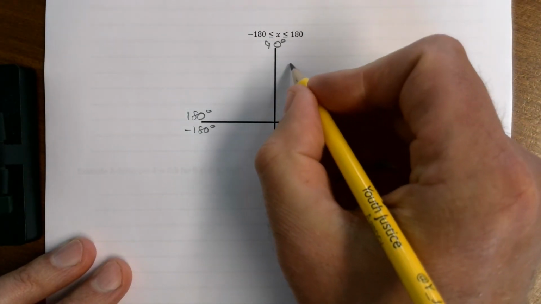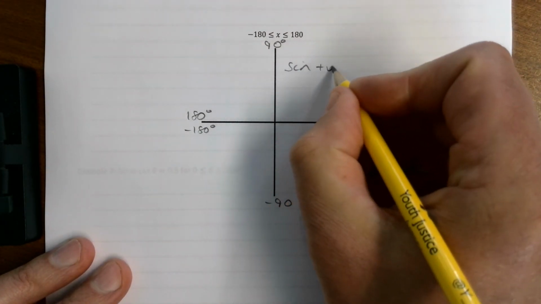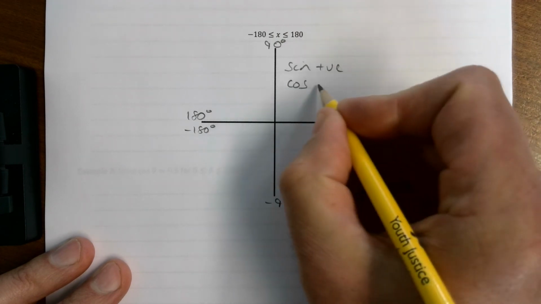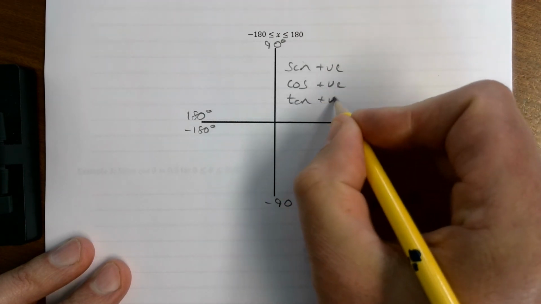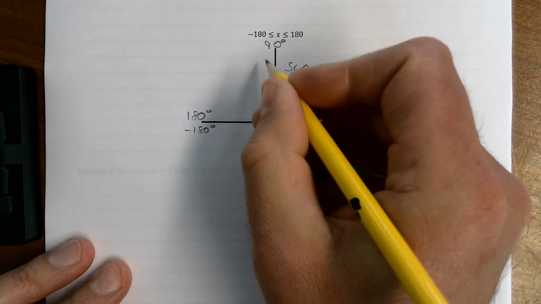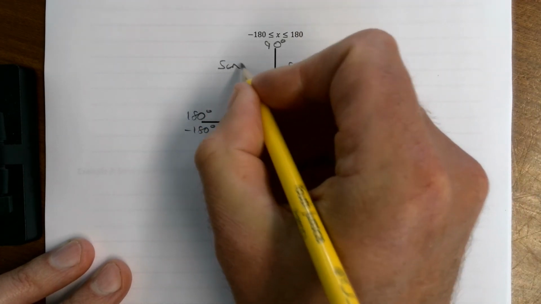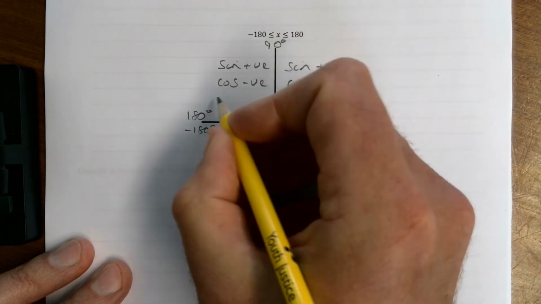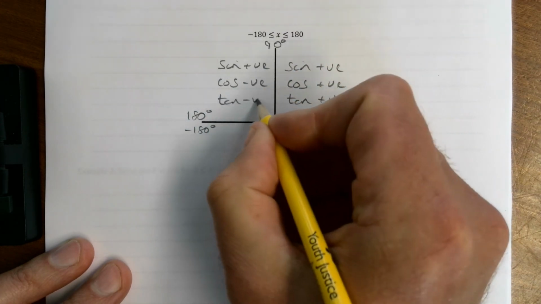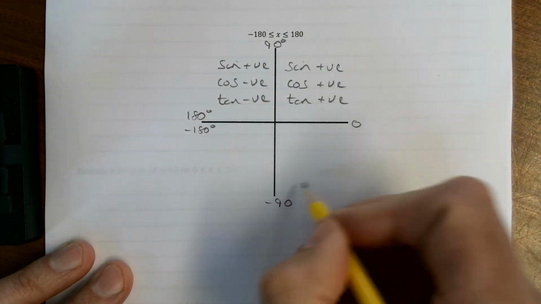Here, they're all positive. Sine is positive, cos is positive, and tan is positive. Here, only sine is positive. So sine is positive, cos is negative, tan is negative. Then going this way, the only one is cos.